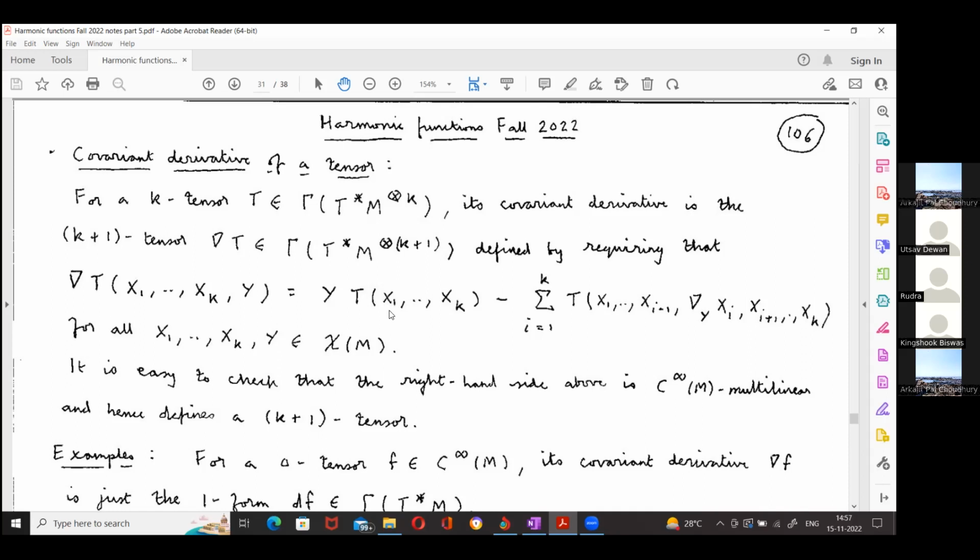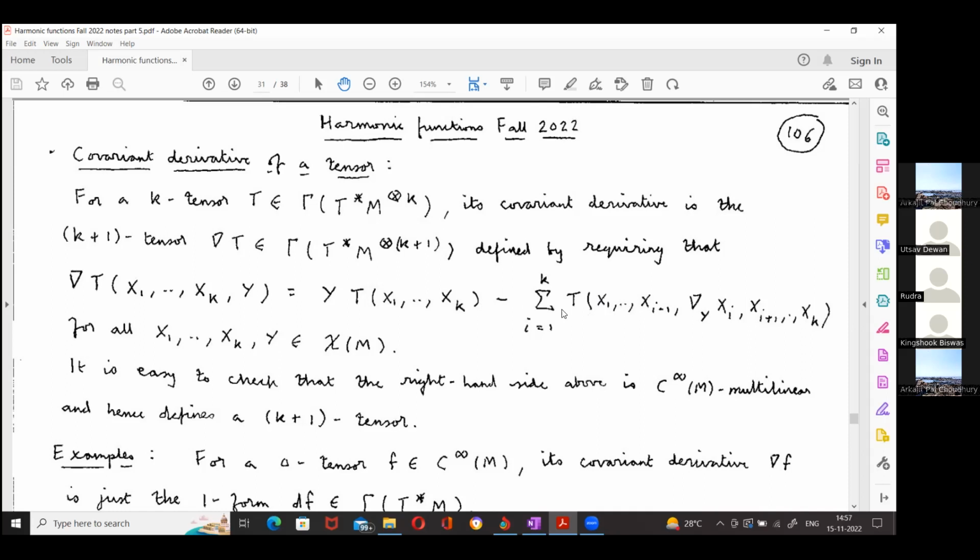Because suppose I multiply x1 by a function f. Now f will come out of T, but Y is going to act on the function f as well, so not only f will come out of this. So this first term is not C infinity(M) multilinear. To make it multilinear, you subtract these terms, and then it becomes C infinity(M) multilinear.